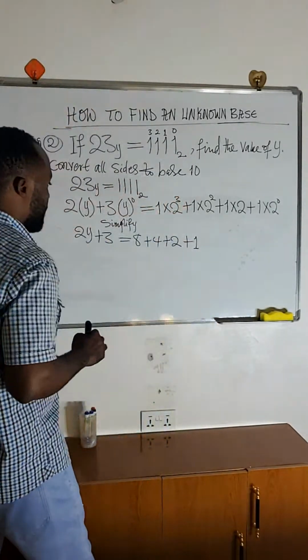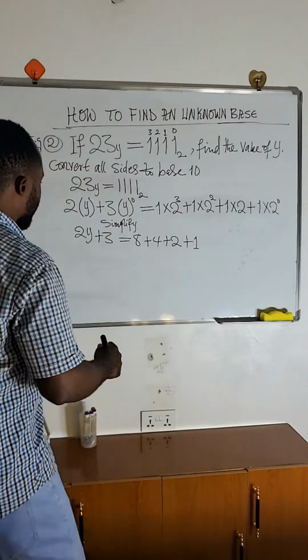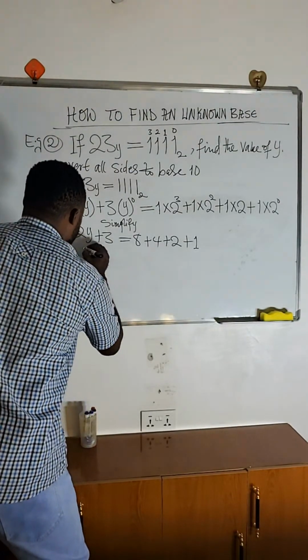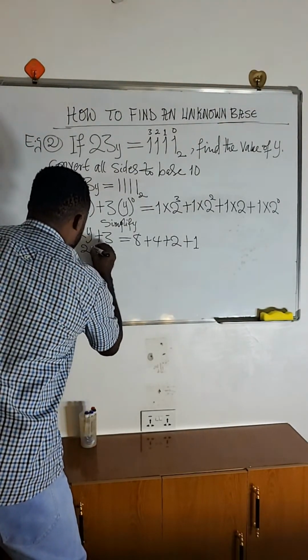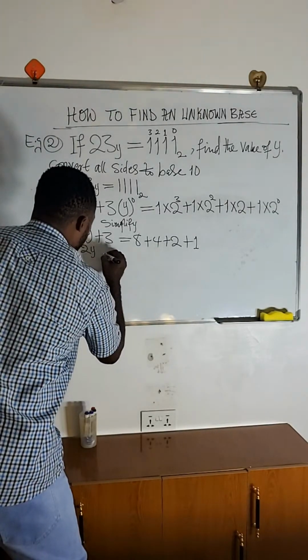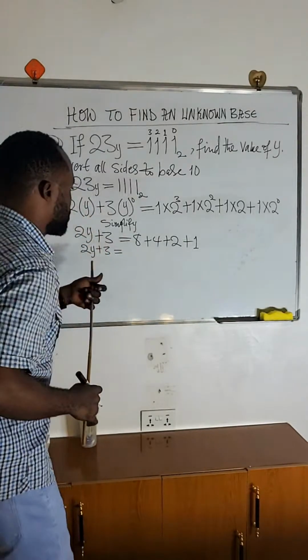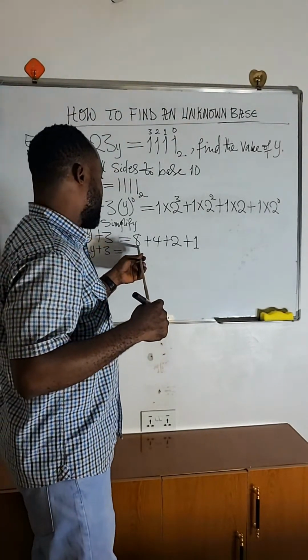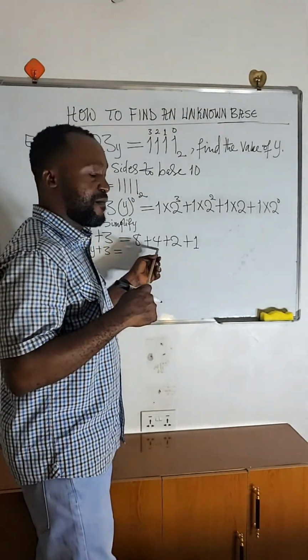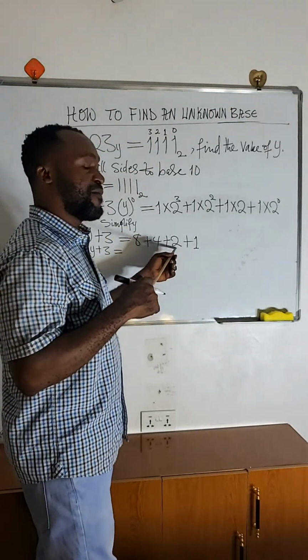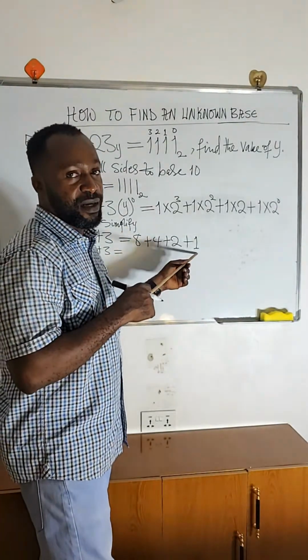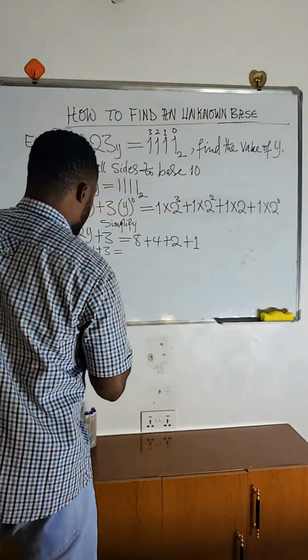Is that right? The next thing is that we are going to say 2y plus 3 equals, now, 8 plus 4 is 12. 12 plus 2, 14. Plus 1, 15. Okay?